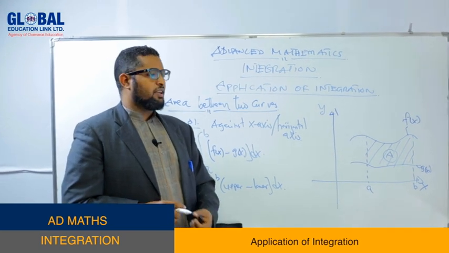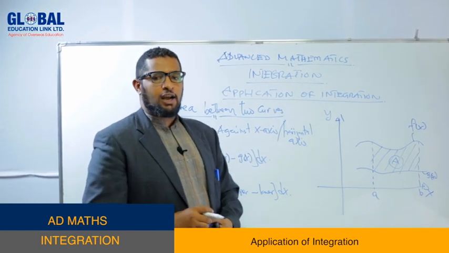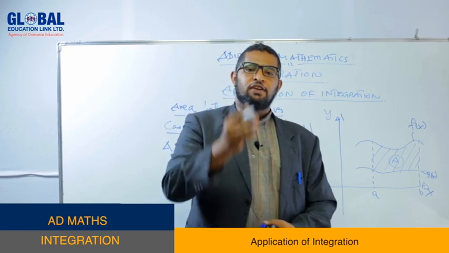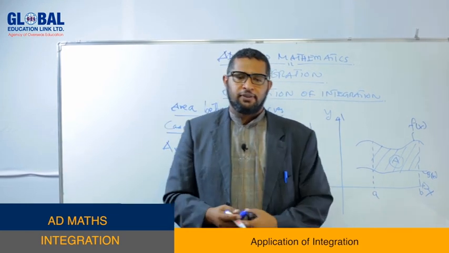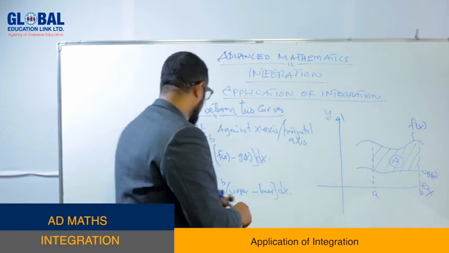Now let's see the second case. What if we are given the curves that are drawn against the vertical axis? How is the formula going to look?